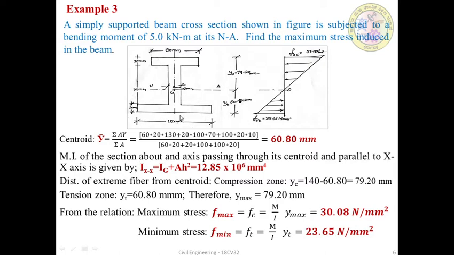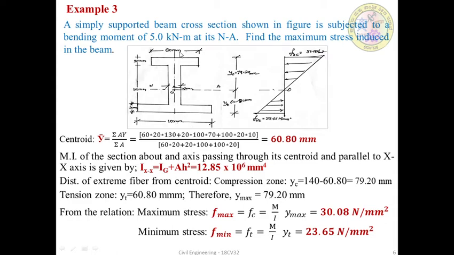With respect to the top layer, the total dimension minus this one gives 79.20 as the YC value. It is the compression zone. We are considering it as a simply supported beam.